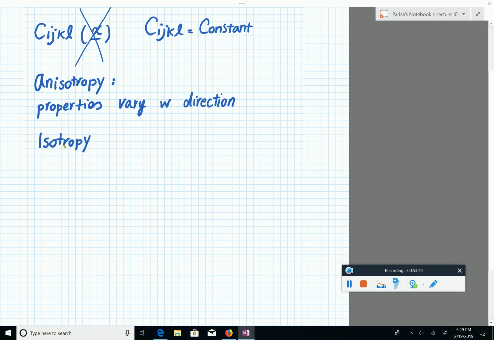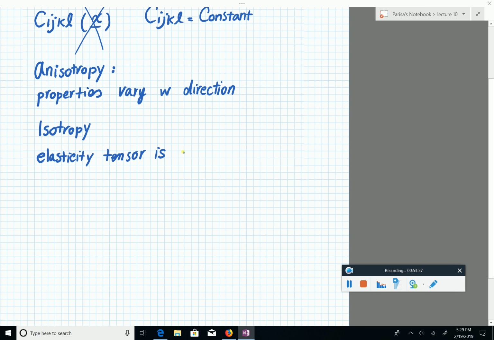So it means that the elasticity tensor is rotation invariant. So if I take this tensor C_MNPQ, if I want to rotate it, I need 4 Q's.